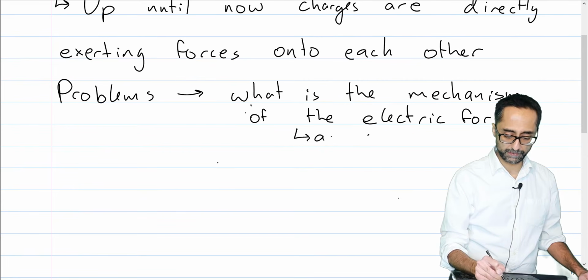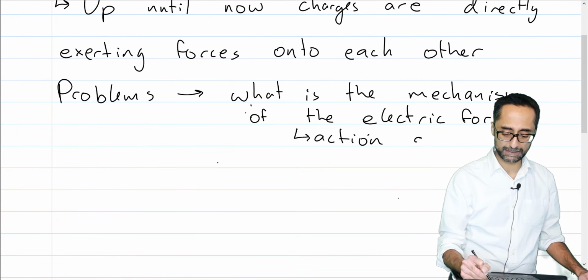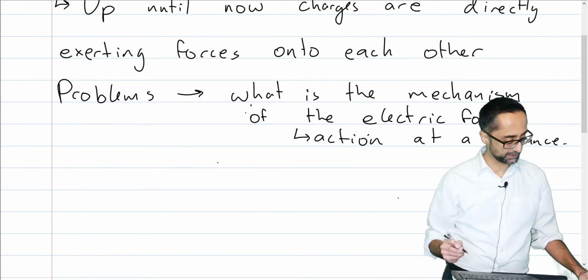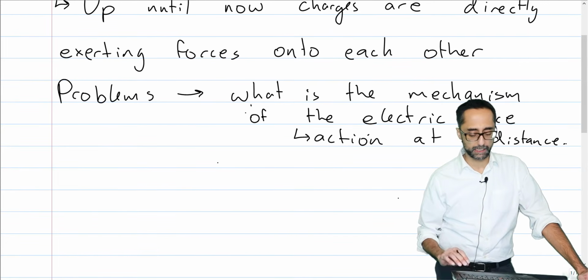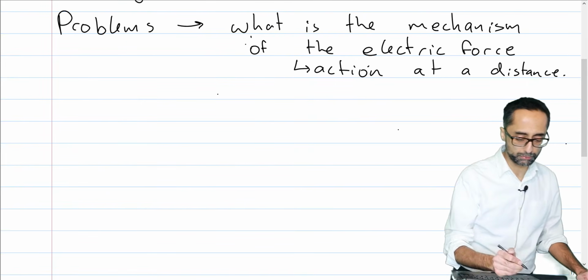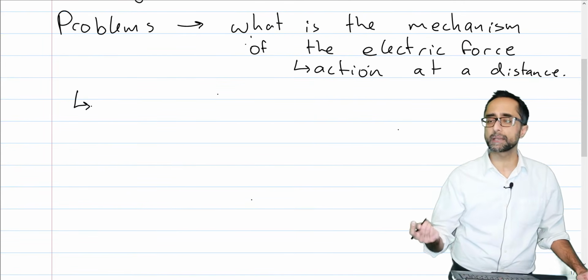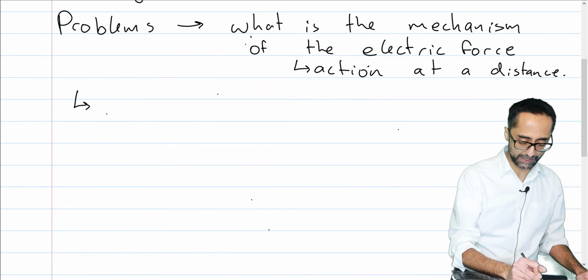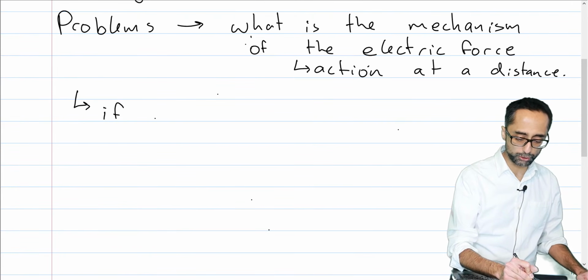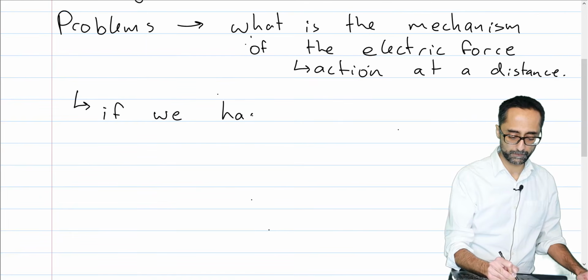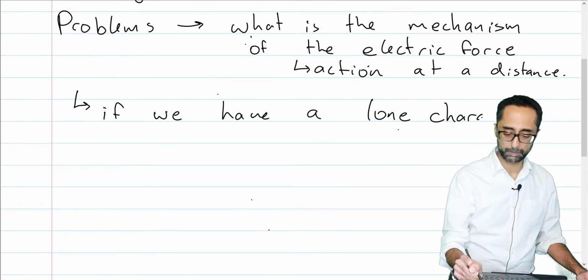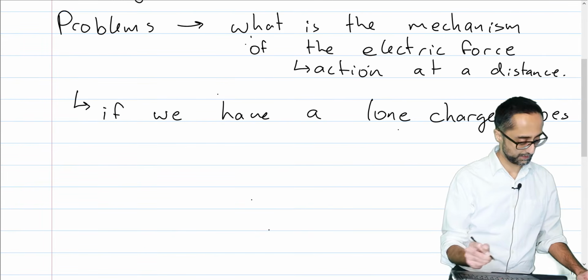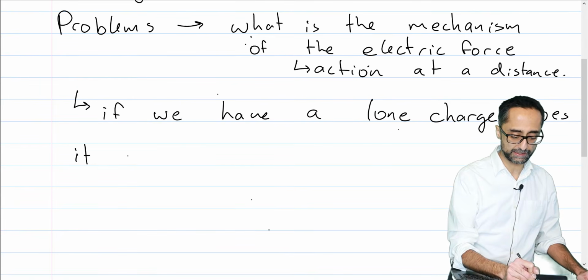And so this is essentially action at a distance. And we've just accepted up until this point that action at a distance was fine. But now we want to explore that idea a little bit more and try to think about the concept of the tree falling in the forest, or in the case of charges, if we have a lone charge, that is a charge by itself, does it do anything?